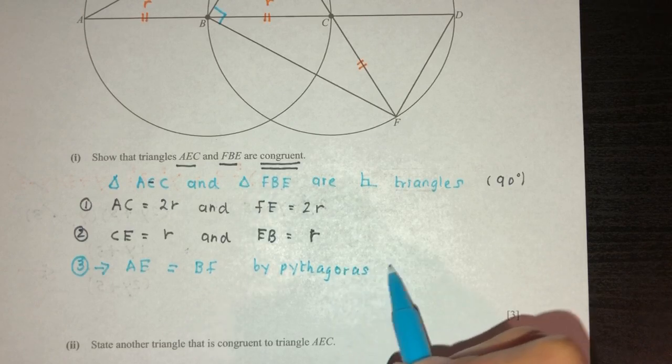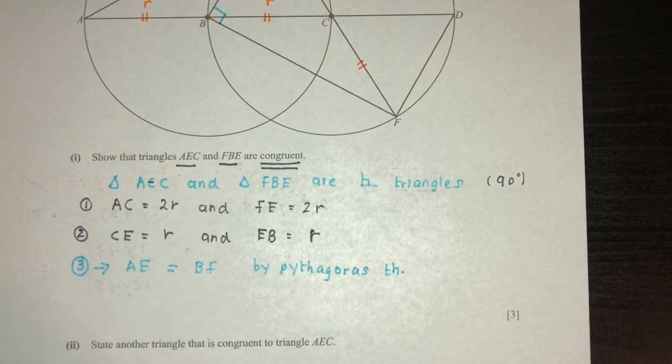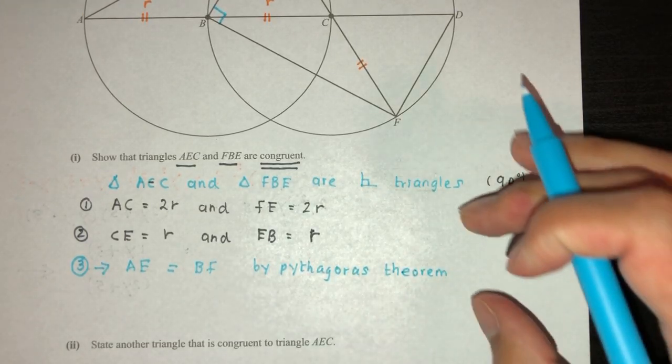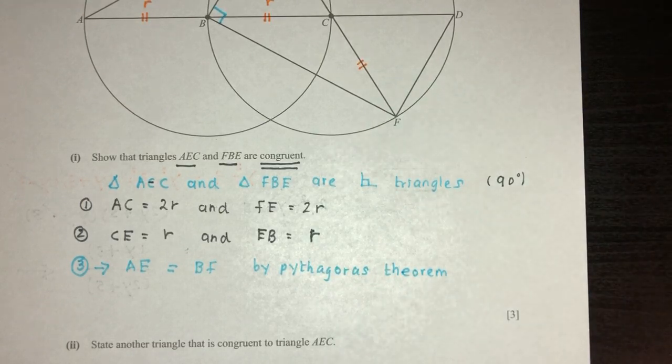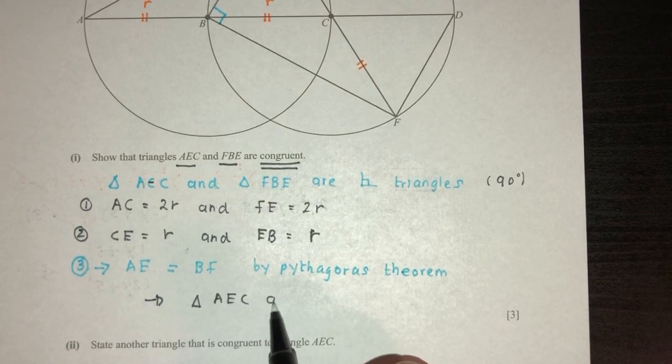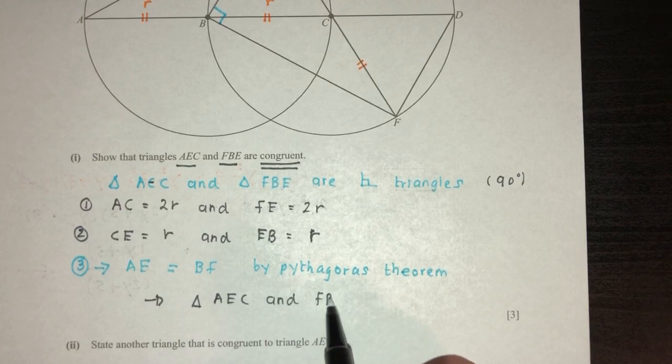Okay, if you guys don't understand, take your time to observe one by one what I'm trying to explain, and you will understand what I'm trying to say. Basically, in the end, I've proved that all the 3 corresponding sides are equal, and by that you have proven that the triangles AEC and FBE are congruent.